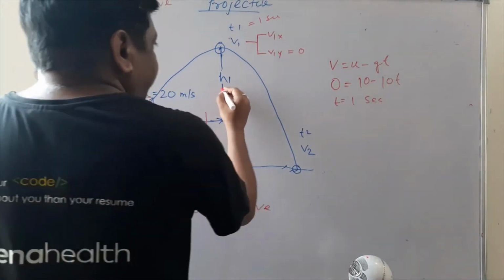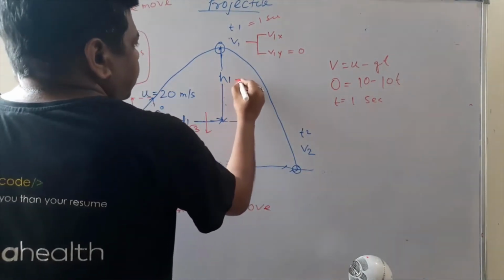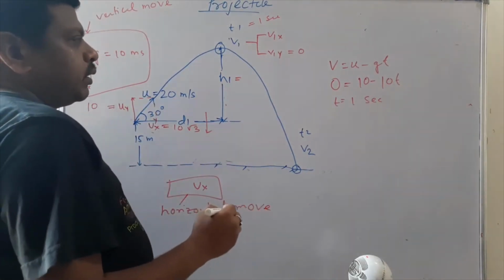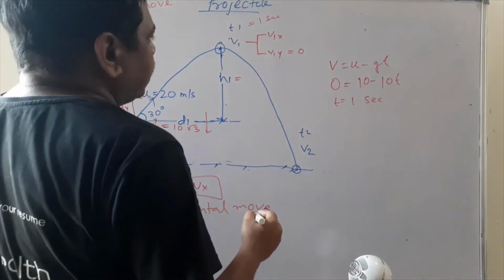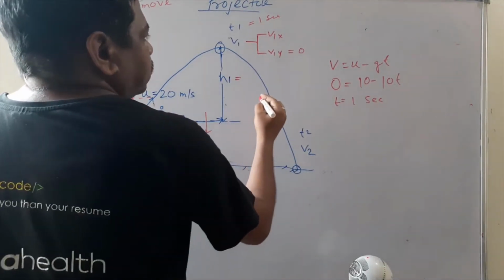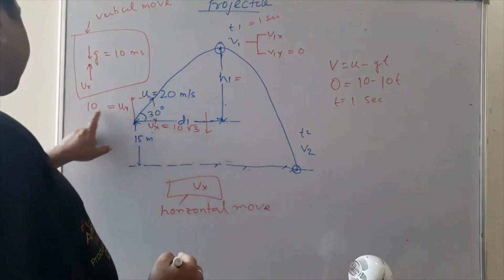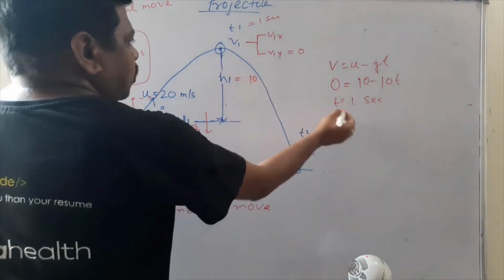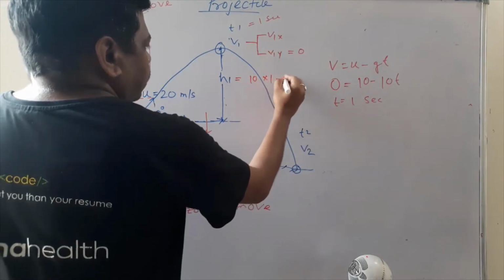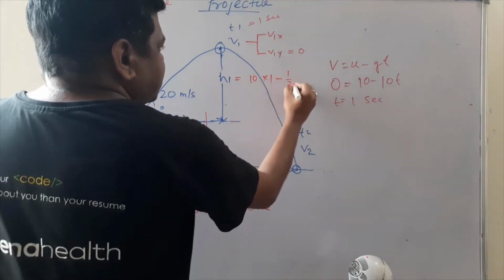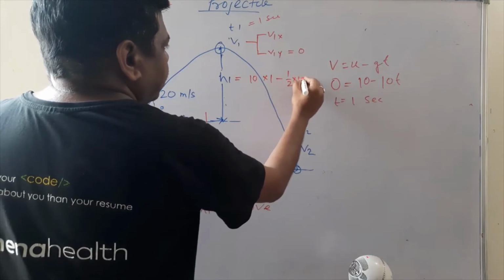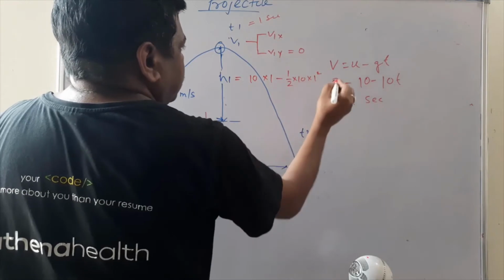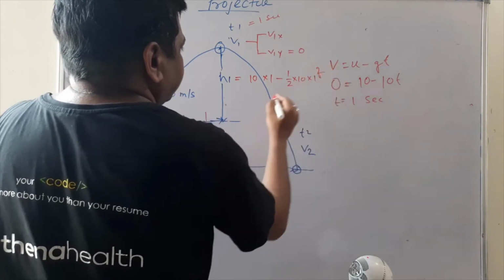Now let's try to find out h1. So h1 equals, we are using this equation, ut minus half g t square. So u is 10 and t is 1, minus half, g is 10 and t is 1, so 1 square.